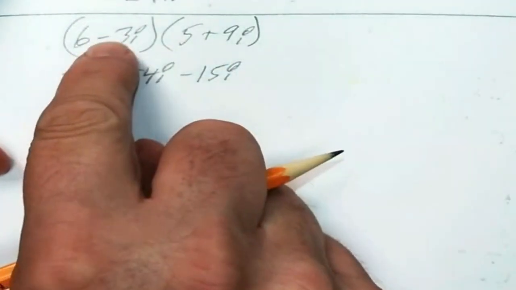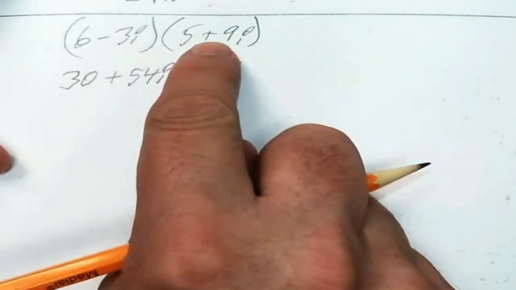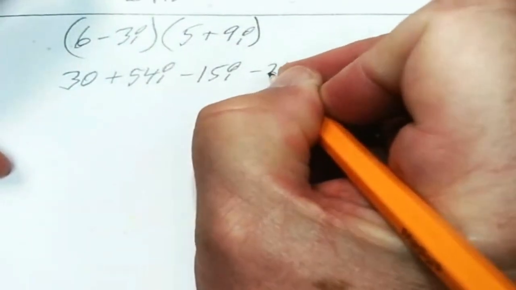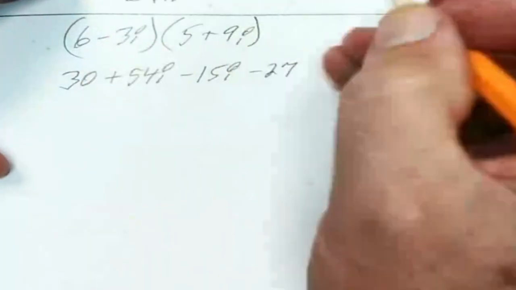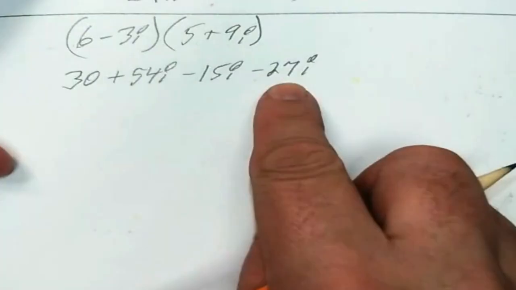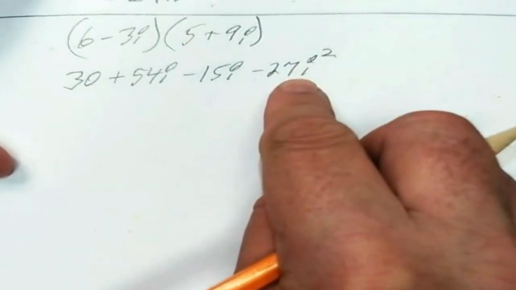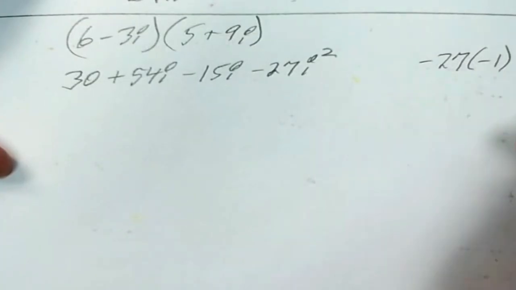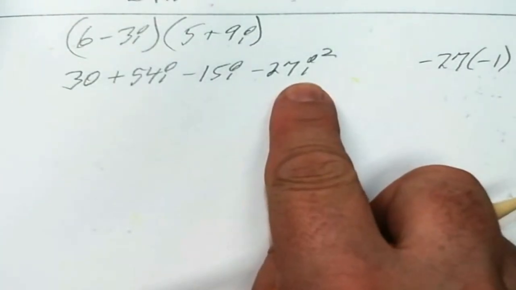And negative 3i times positive 9i. Negative 3 times positive 9 is negative 27. i times i is i squared. This is the same as negative 27 times negative 1, because i squared equals negative 1. That's where we got to remember that.